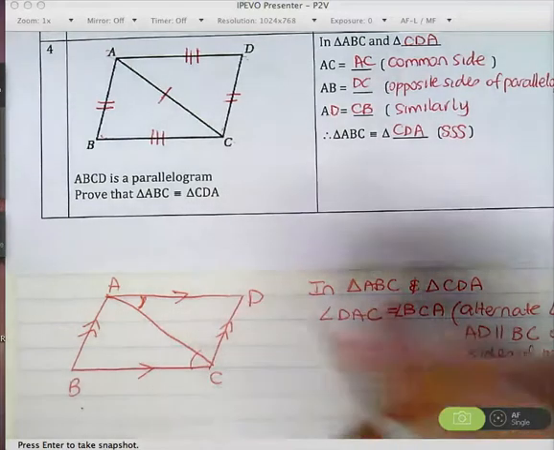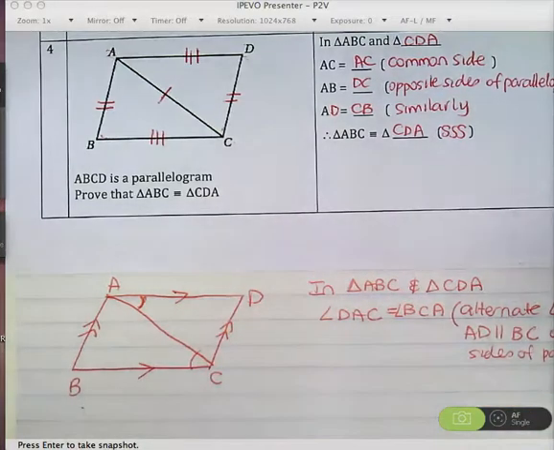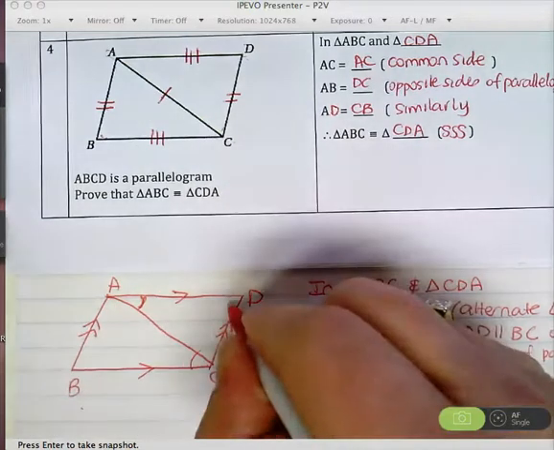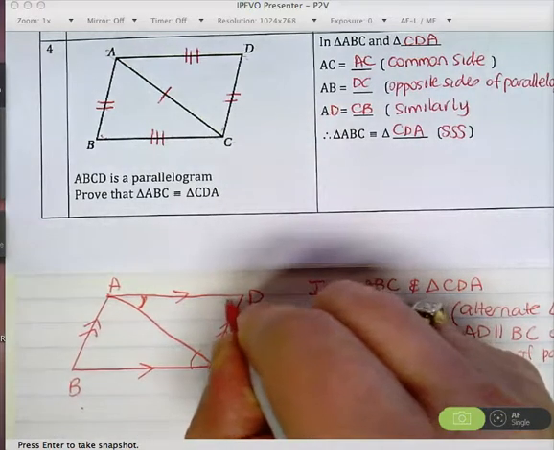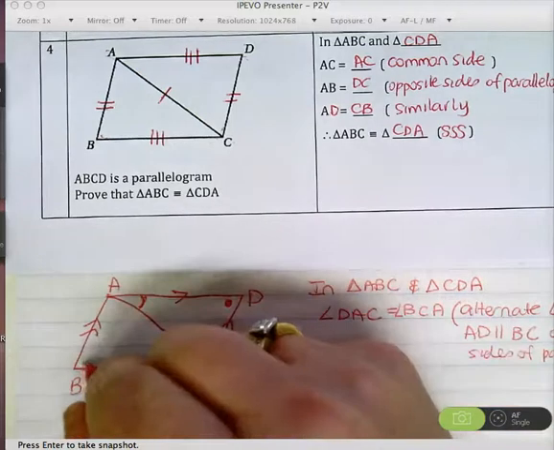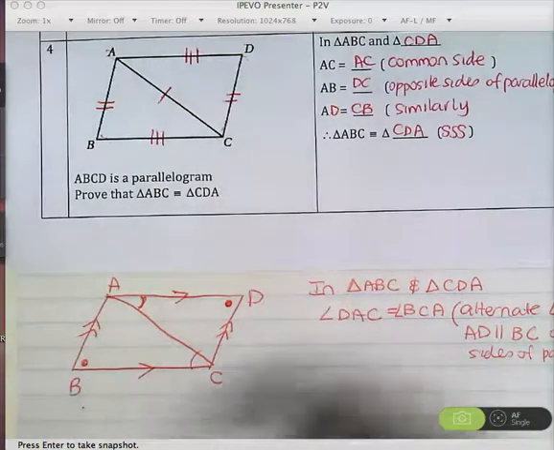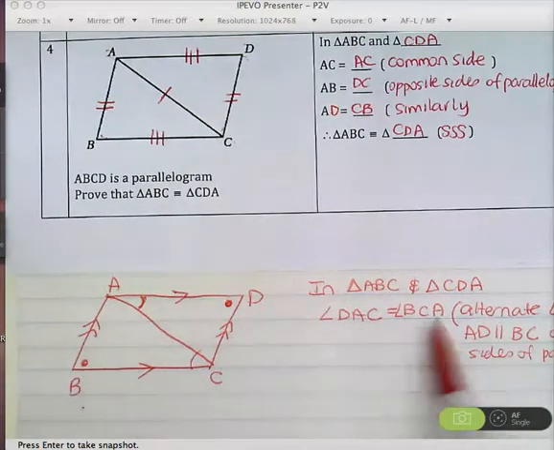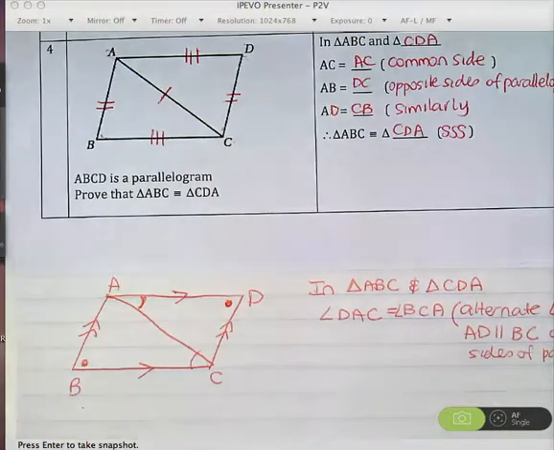So I've got that marked in there. I could also use other properties of a parallelogram if I want. I could say, for example, that this angle here, D, equals angle B. Actually, girls, you know what I've done wrong here? I've put these on the wrong side.